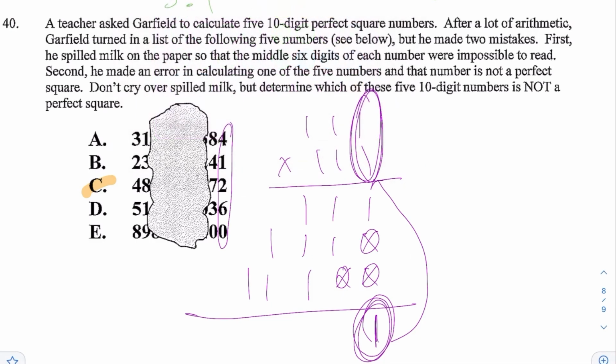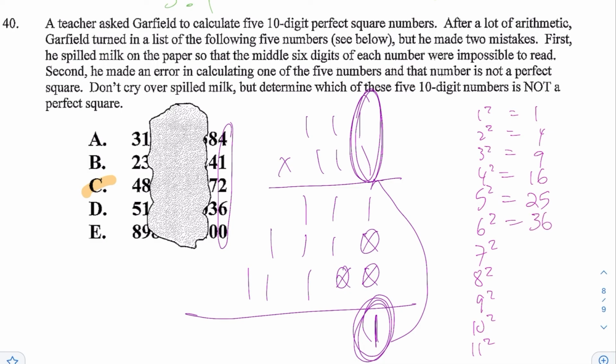So if you do that to the digits of the perfect squares, you can start with 1 squared, 6 squared, 7 squared, 8 squared, 9 squared, 10 squared, and even if you try 11 squared, you'll see that the perfect squares, or the diagonals on the times table, have a pattern there.